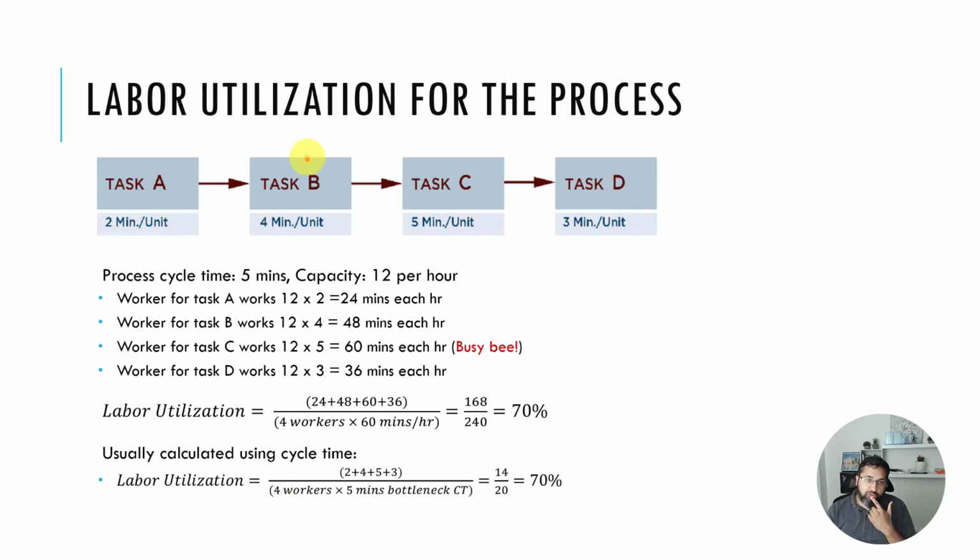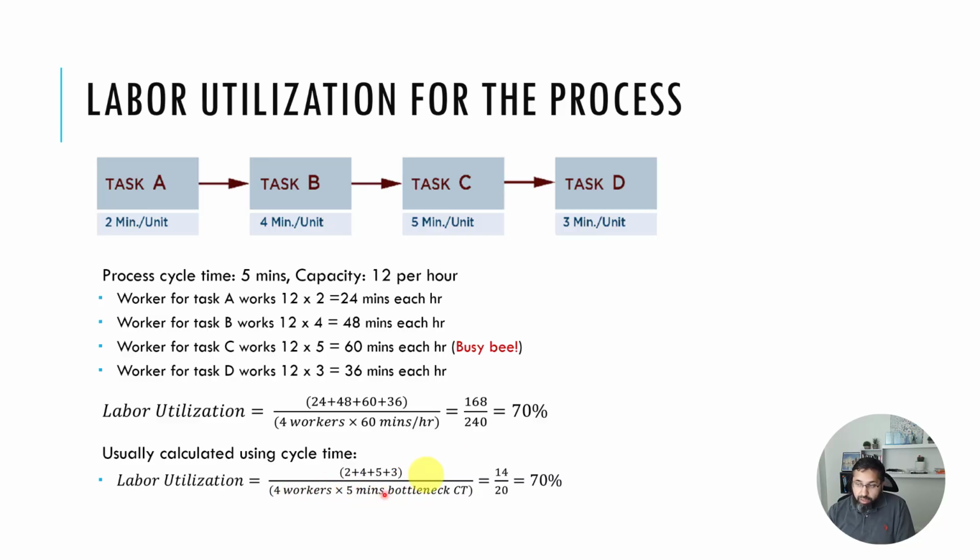So a task could have multiple workers, so you don't worry about the workers per se. You're just going to look at the effective cycle time of the bottleneck task, and then times the number of steps you have in your process or number of workstations or tasks you have. So it's going to be 4 tasks times 5 minutes cycle time of the bottleneck.